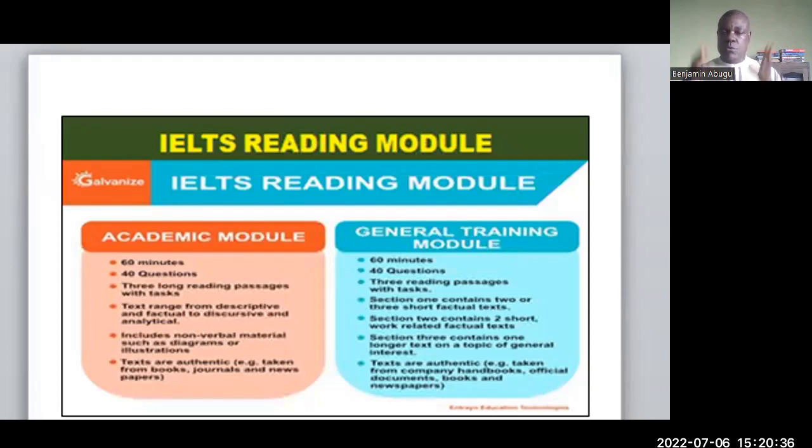In reading, you don't need to enter the answer into the question booklet. So make sure you write the answers directly on the answer sheets. So that is the difference between the listening module and the reading module. You won't be given any extra time to transfer your answers from the question booklet into the answer sheet as it is in the listening module.